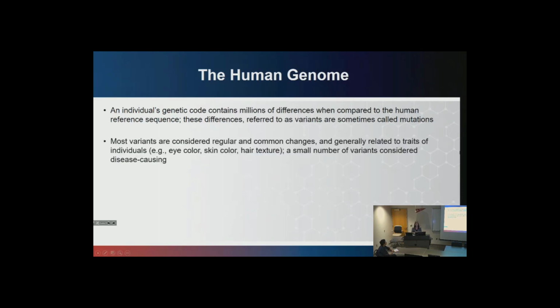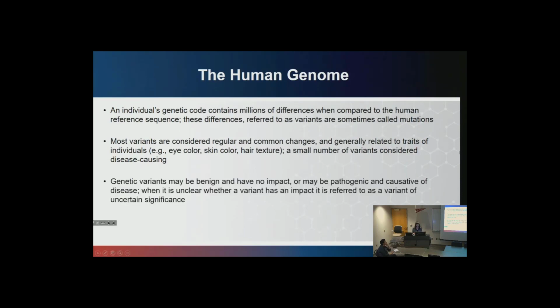Most variants are considered regular and common changes, generally related to the traits of individuals such as eye color, skin color, and hair texture, but a small number of variants are considered disease-causing. Genetic variants may be benign and have no impact, or may be pathogenic and causative of disease. When it is unclear whether a variant has an impact, it is referred to as a variant of uncertain significance.